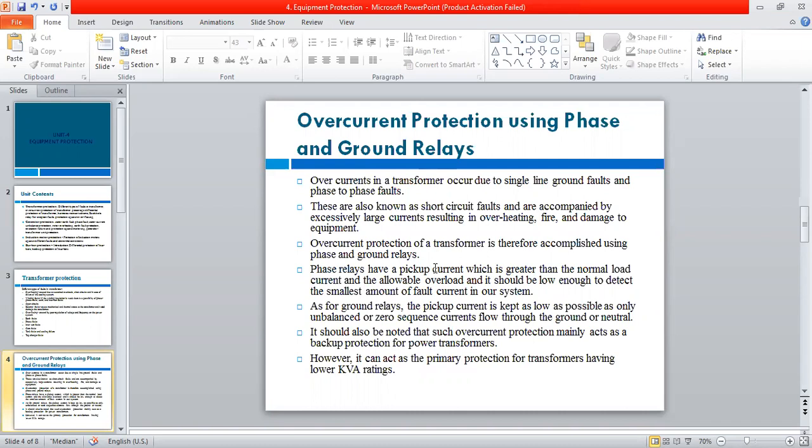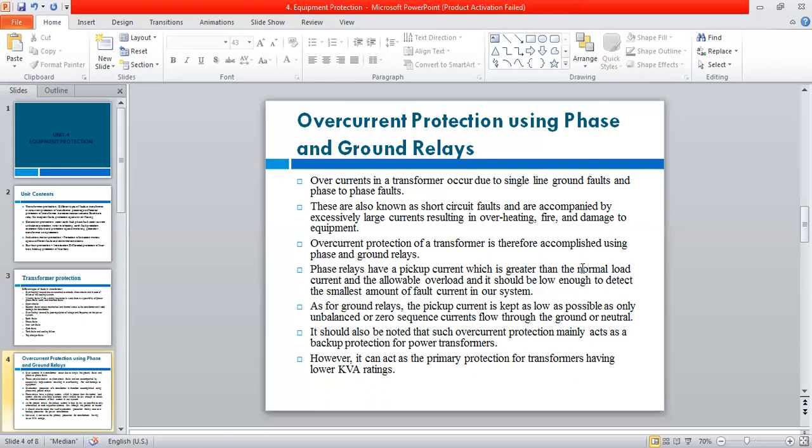Now, in this overcurrent protection, these phase relays have a pickup current. We have seen that when we are using overcurrent relays, one value is set there. That is called the pickup current. These relays have a pickup current which is greater than the normal load current.